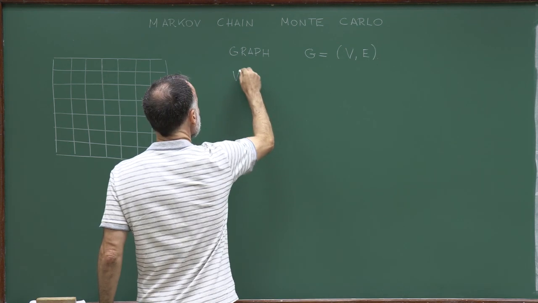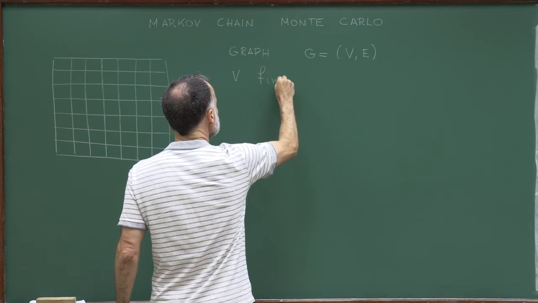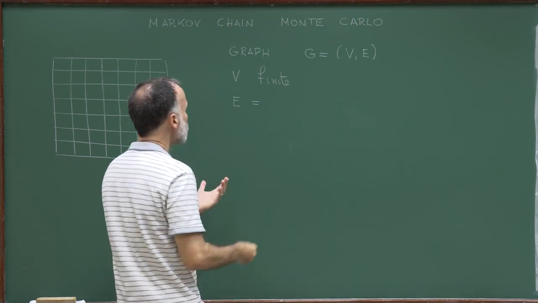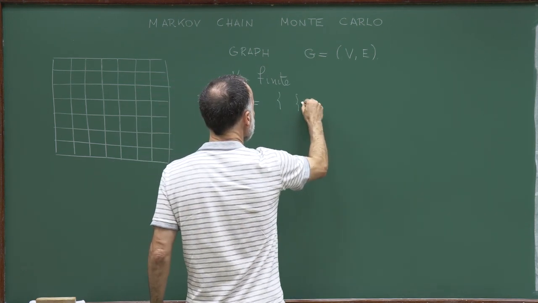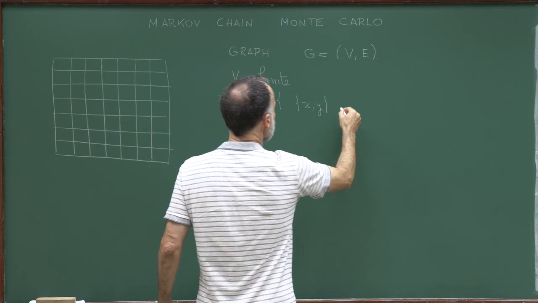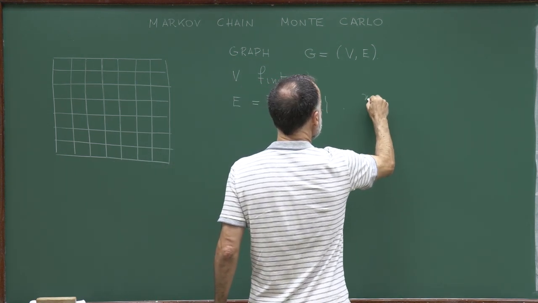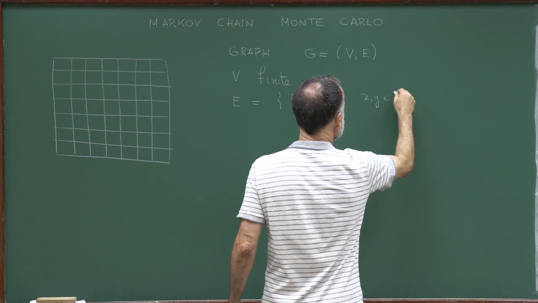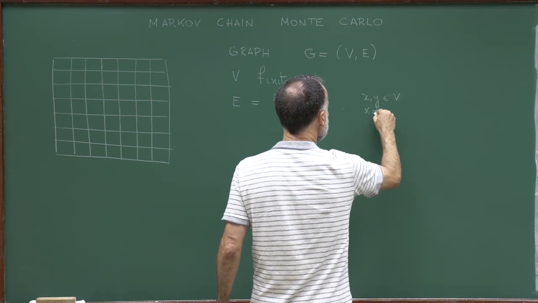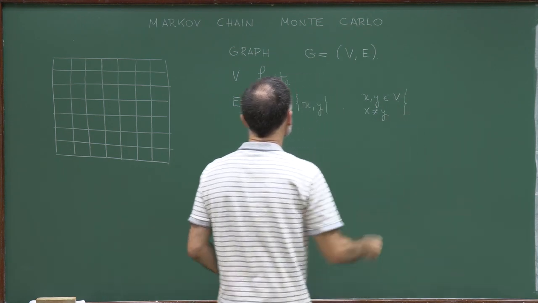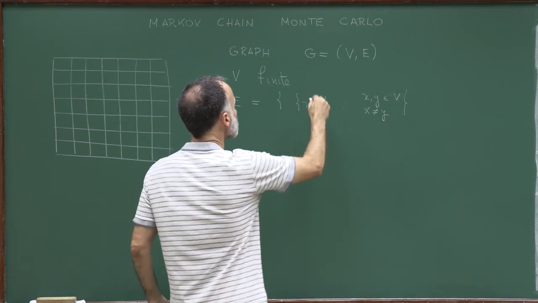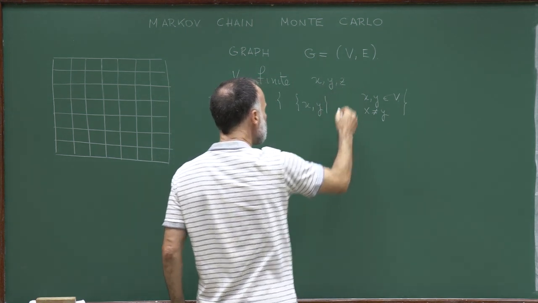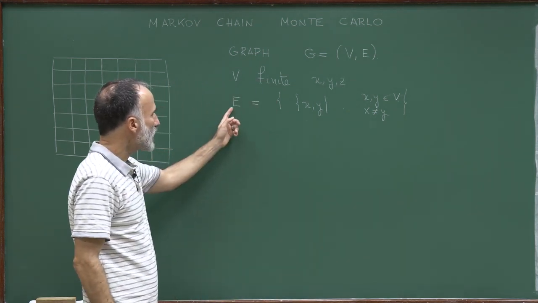V will be a finite set, and E will be a family of pairs (X, Y), such that X and Y belong to V, X different from Y. The elements of V will be represented by X, Y, and Z. And then we have the set of edges.